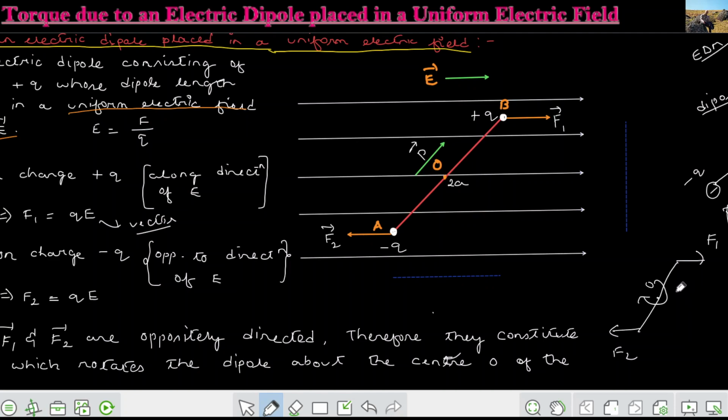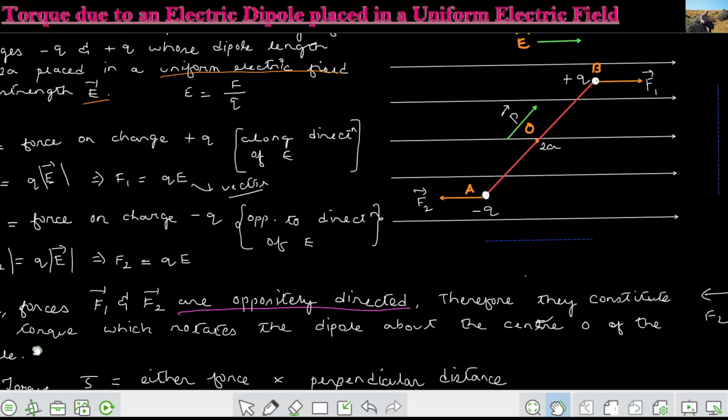That type of rotational force is known as torque. Since these forces F1 and F2 are oppositely directed, they will constitute the torque due to the dipole.